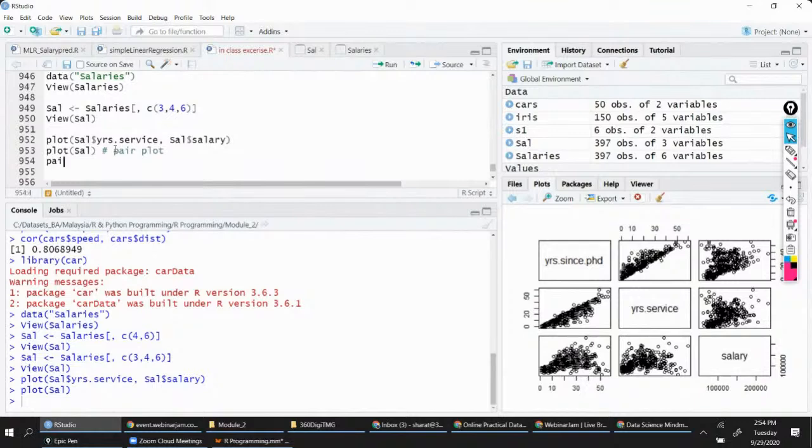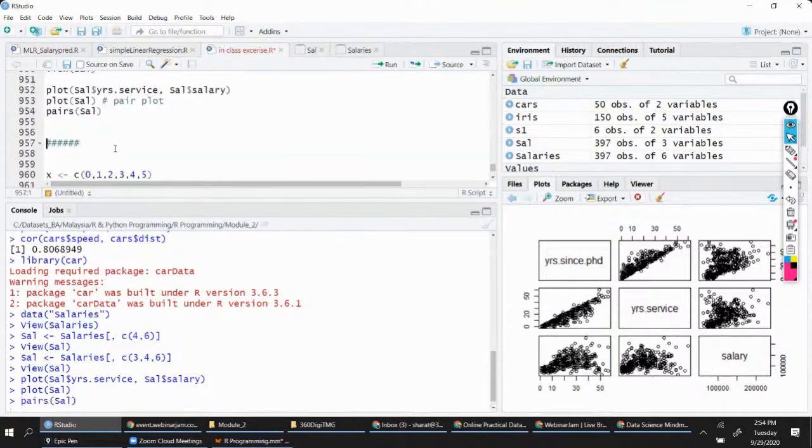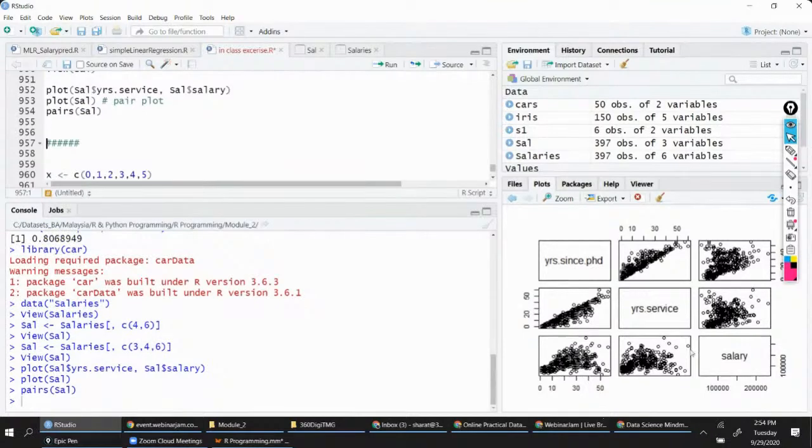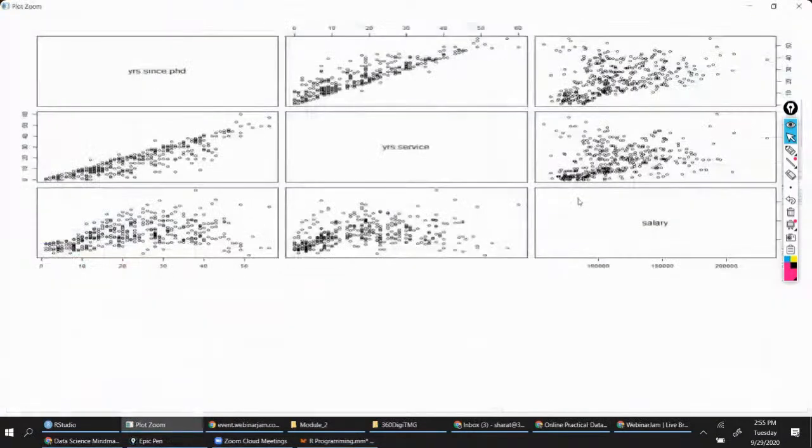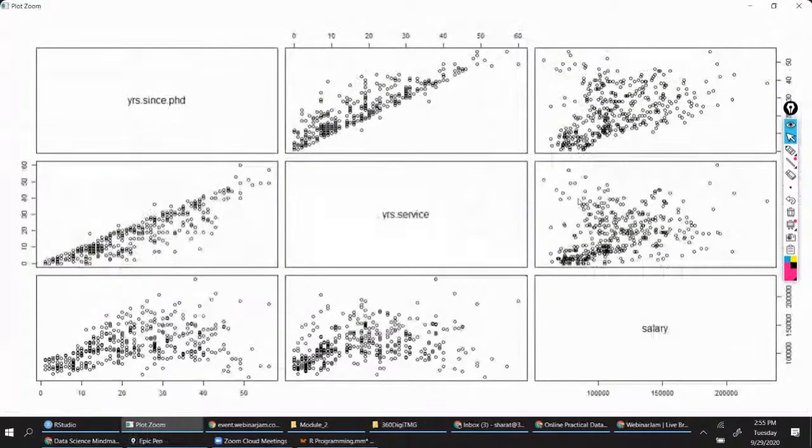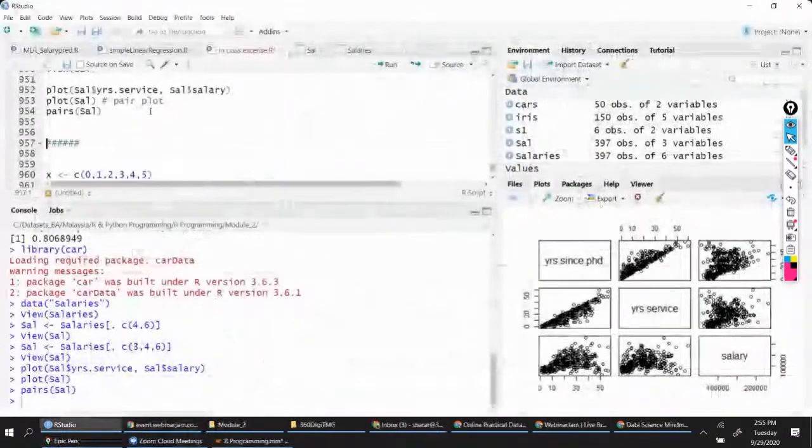We can also have pairs. This is also the same as your plot. No difference. Same visualization. So either you say plot or you say pairs, it's going to give you a pair plot.